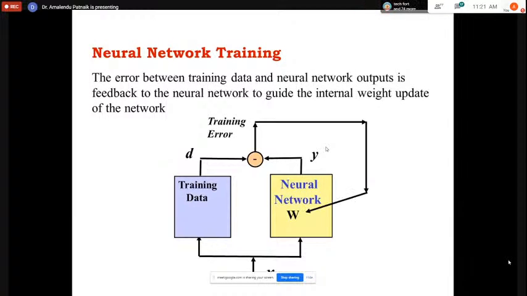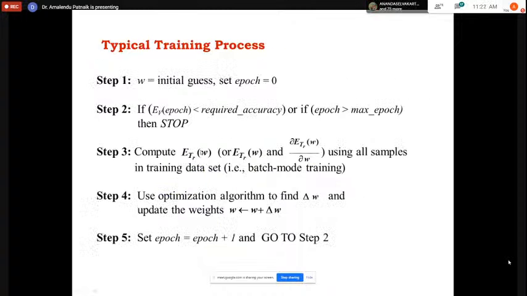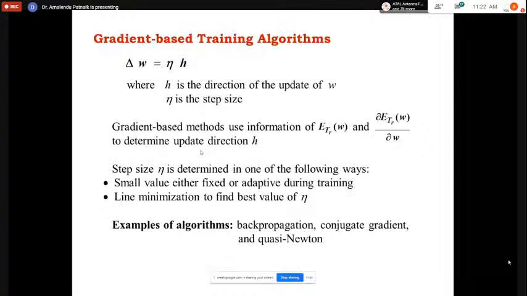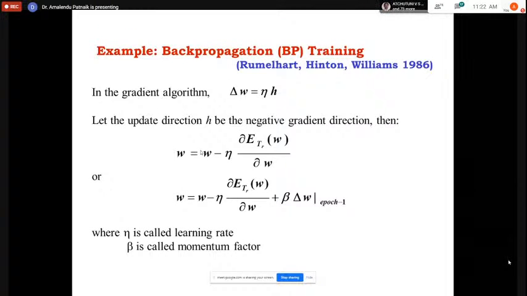As far as training of a neural network is concerned, as I told you in my earlier slides, basically we are fixing the weight values of the network so that for the same input, you can have an output which almost matches the desired result. The most widely used training algorithm is the back propagation training algorithm, but you can have other training algorithms. Nowadays, a lot of training algorithms are available for training a neural network.